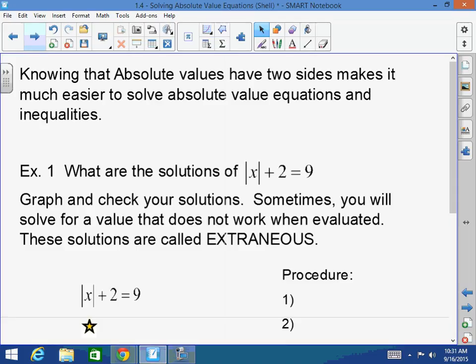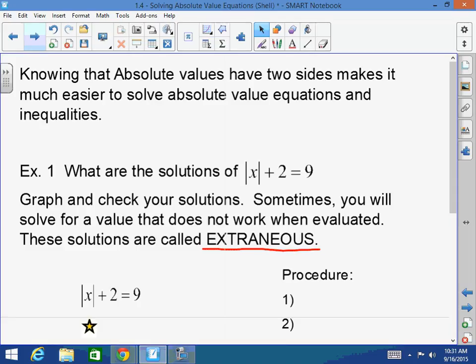So therefore, it's not a solution, and it is called extraneous. Okay? That's what this word is here, extraneous. So an extraneous solution is a solution that you did solve for, straight up, legitimately. However, when you plug it in, it does not work. So that is called an extraneous solution.